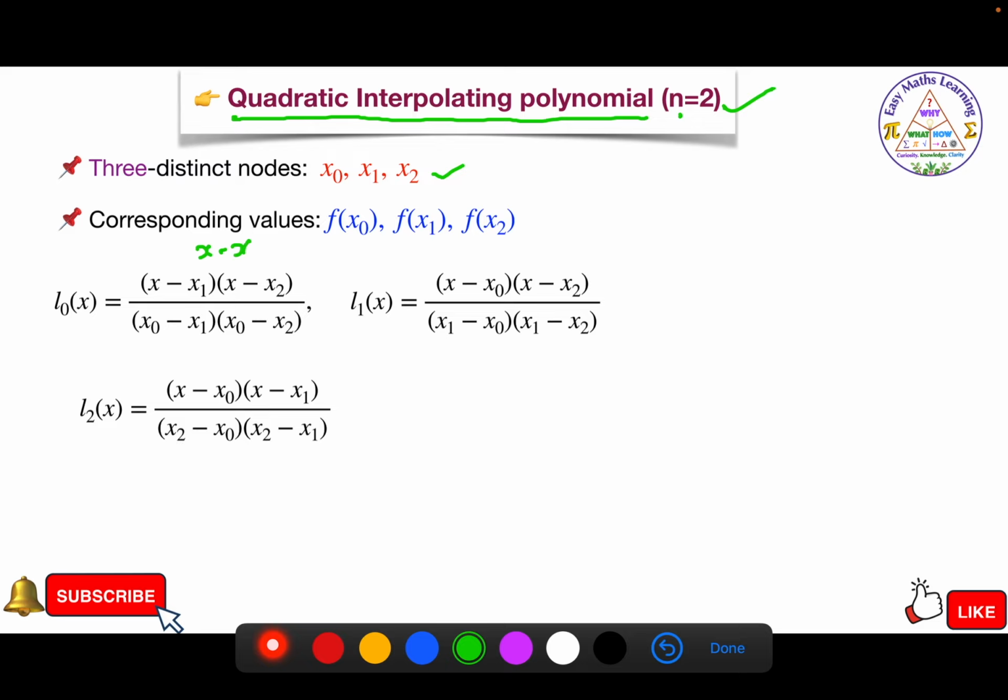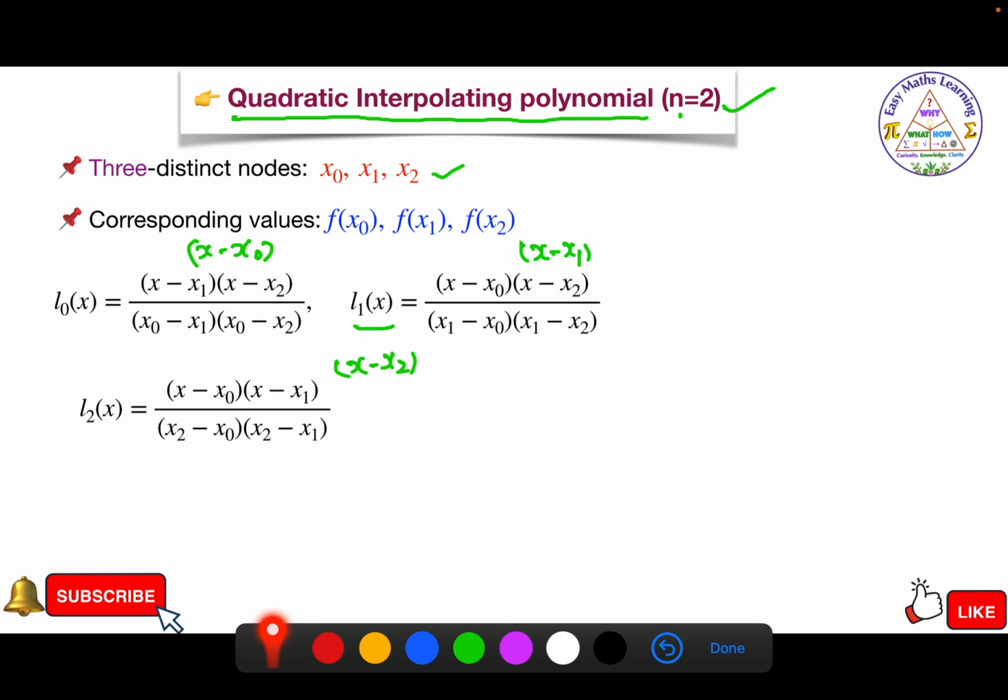In L1(x), we skip the factor (x minus x1). And in L2(x), we skip the factor (x minus x2). So this is the pattern to define basic polynomials. For three distinct nodes, we will have two factors in the numerator of each basic polynomial.